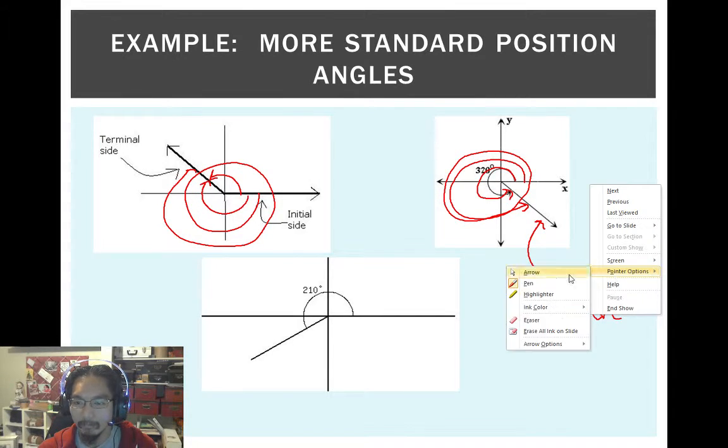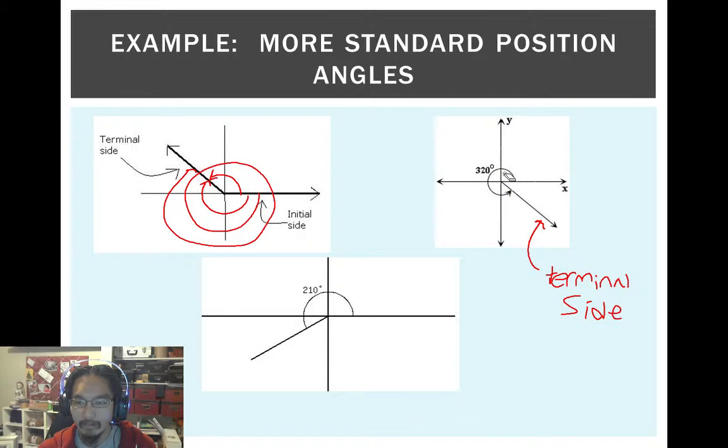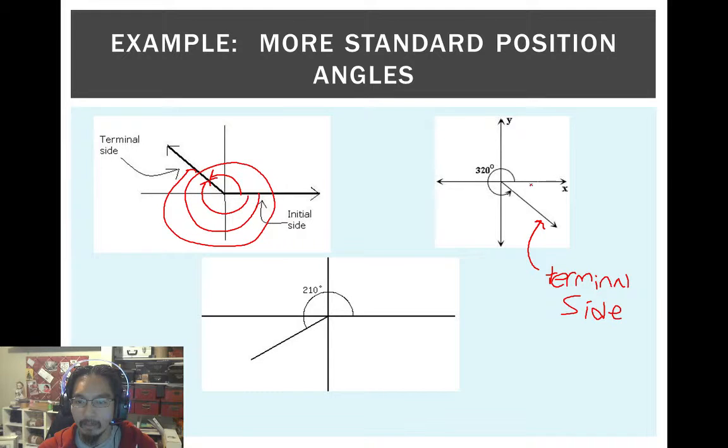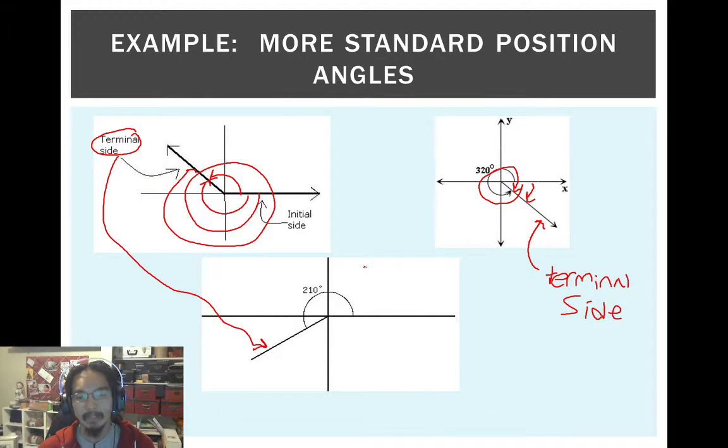It could also be measured in the opposite direction in case you get a negative angle. Here, the terminal side is this one there. And the same thing, measuring from the positive x-axis all the way around.